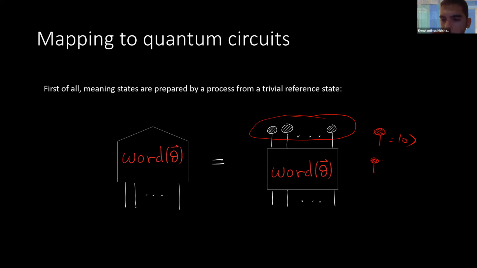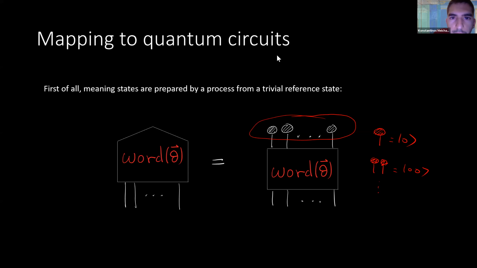It's the reference state for most classical algorithms. For example, this is the 0, 0 state and so on, right? So from the all zero state, there is a process, parameterized by this set of thetas, that prepares the state of a word.